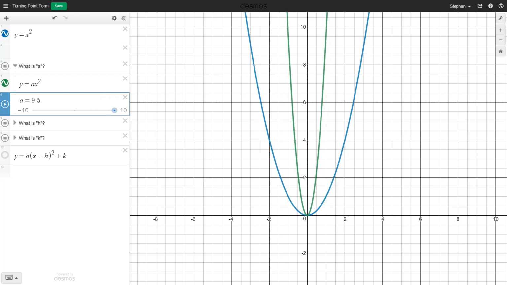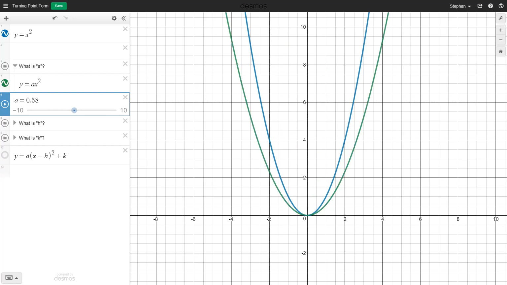So A is what we call a dilation. As A gets bigger, the parabola dilates away from the x-axis. You can see as that number gets smaller that the graph gets wider, or it dilates towards the x-axis.